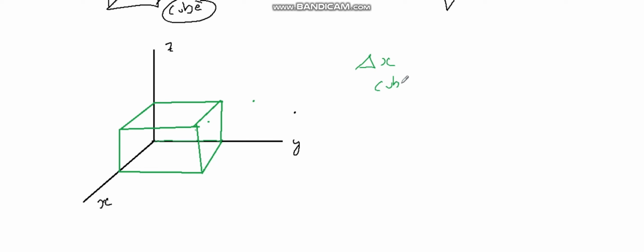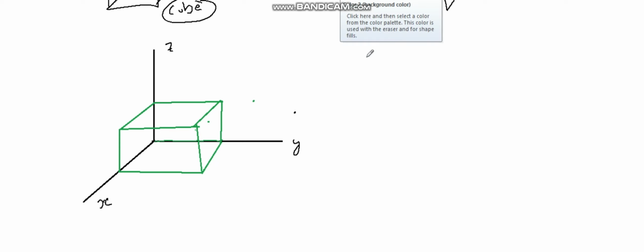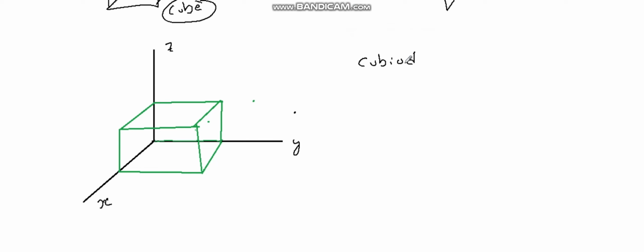Instead of a cube, let's imagine it is a cuboid, and it is going to be true for that case also. So it has a length delta x, breadth delta y, and height delta z.